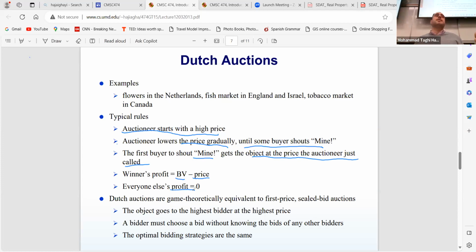But of course, there is always the danger that somebody may come and get that fish sooner than you. A Dutch auction is game theoretically equivalent to a first price sealed bid auction. Why? Because the object goes to the highest bidder at the highest price.